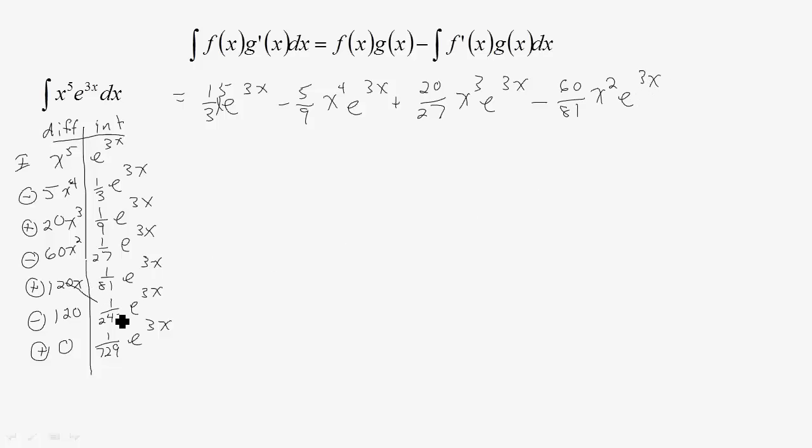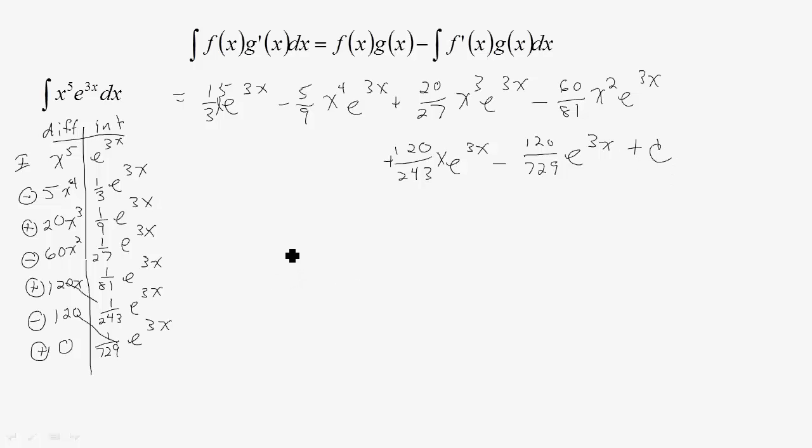Okay, next one down is going to be plus 120/243 x e to the 3x, and then we have minus 120/729 e to the 3x. And then plus the integral of 0, but the integral of 0 is just a constant.